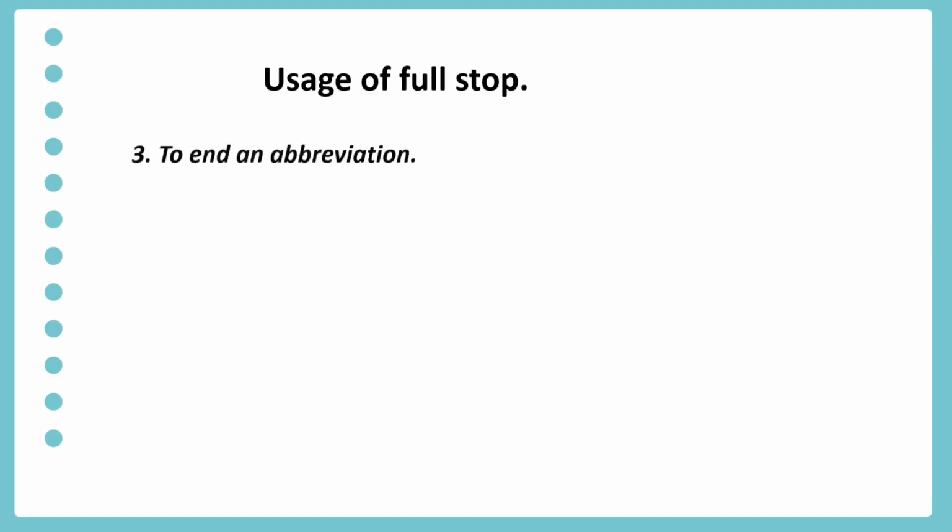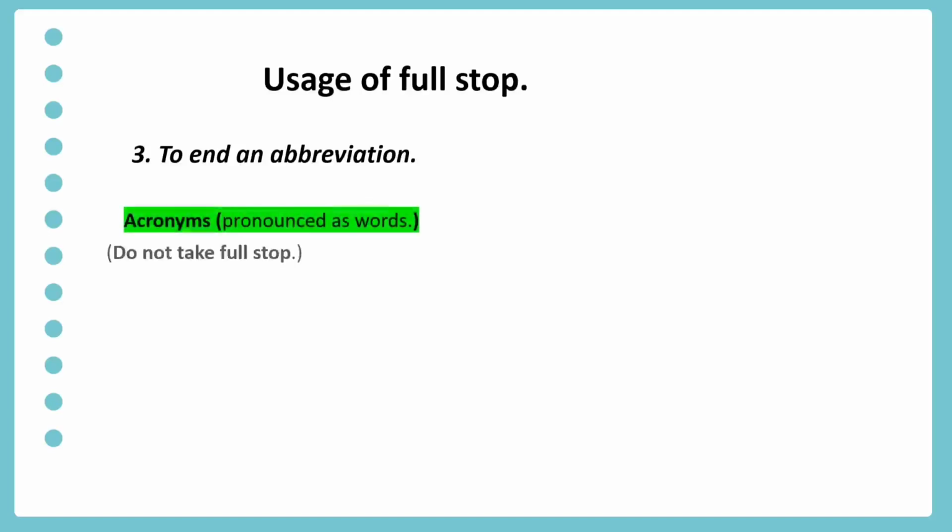Full stops are also used in abbreviations to indicate that the end of the abbreviation has been reached. However, not all abbreviations take full stops. There are three main types of abbreviations, starting with acronyms.